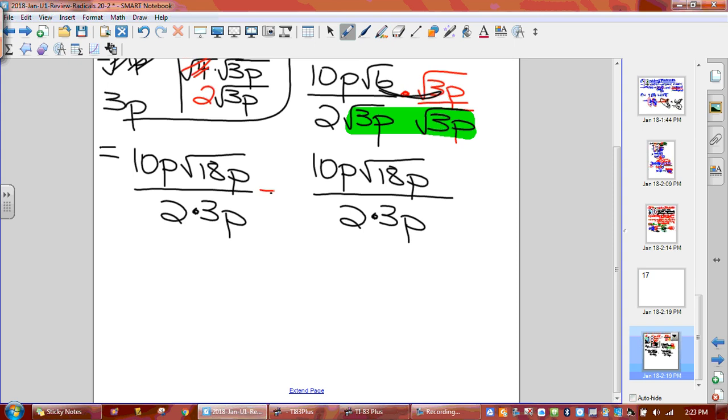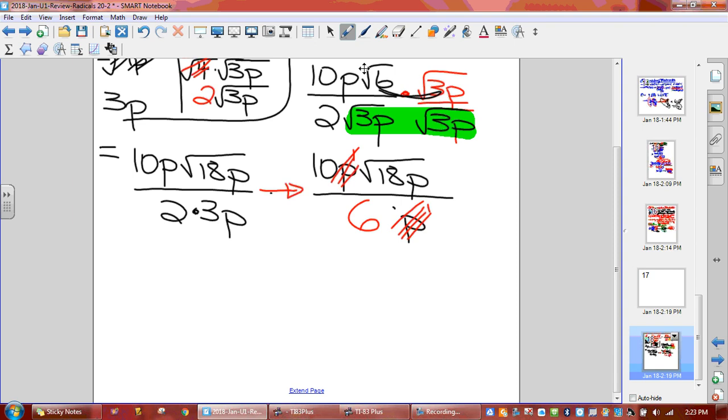Now what I need to do is reduce the 18, because 18 can still break down. So, I'm going to have 10 root 9 times root 2P, all divided by 6.